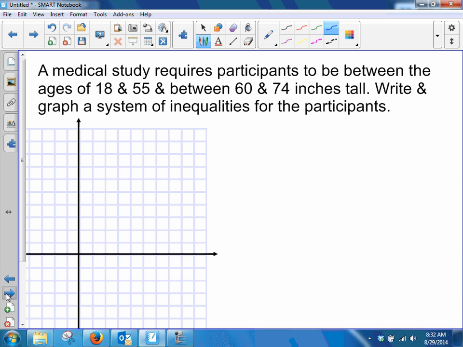What are the only numbers you see? Logan? 18. Yes. Right, 18 and 55, and then 60 and 74. So let's start there. I know I'm going to use these. So I need to be between there for this study.